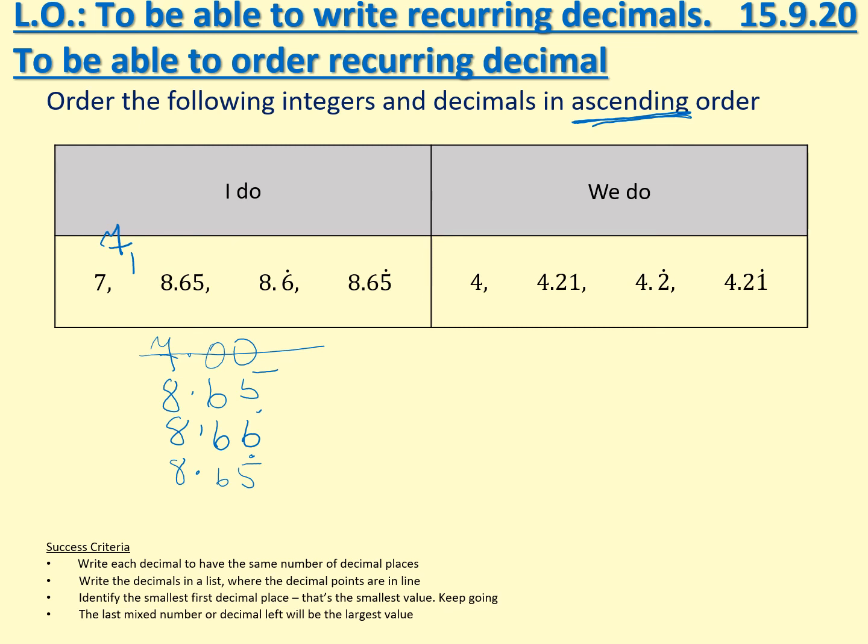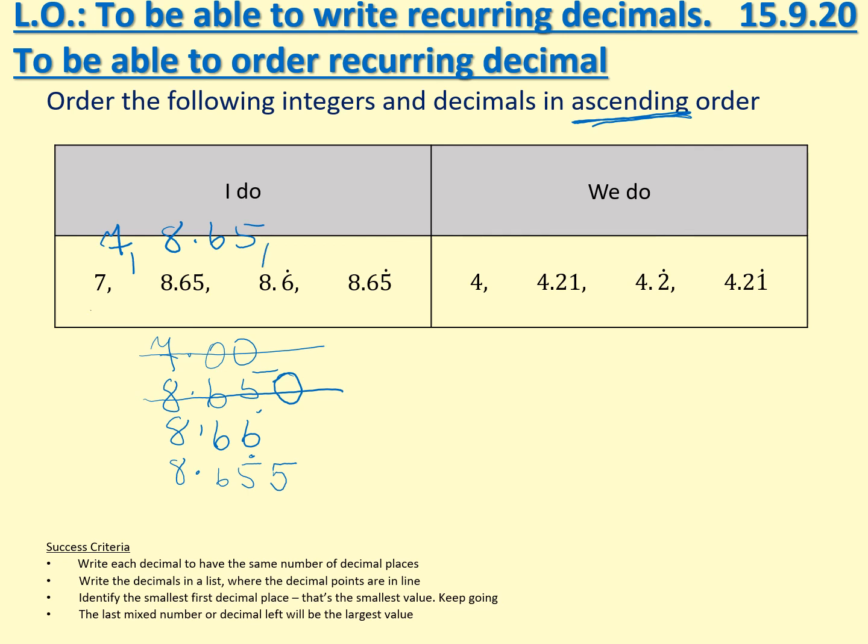So 8.65 has a 0 after that, and for 8.65 recurring, the next number will be 5. So which one of them is smaller? Of course, 8.65 is smaller. So it looks like the first 2 were already in order.